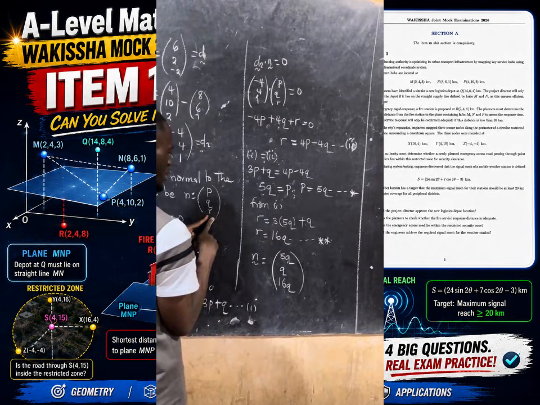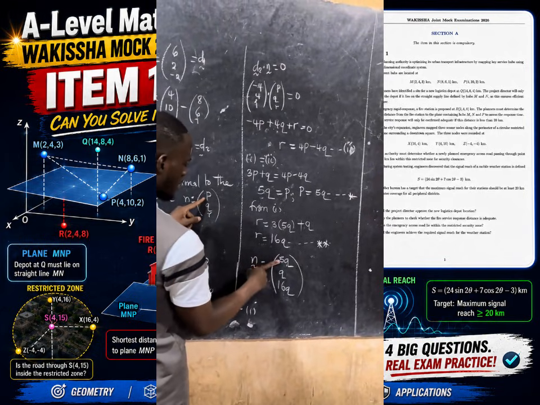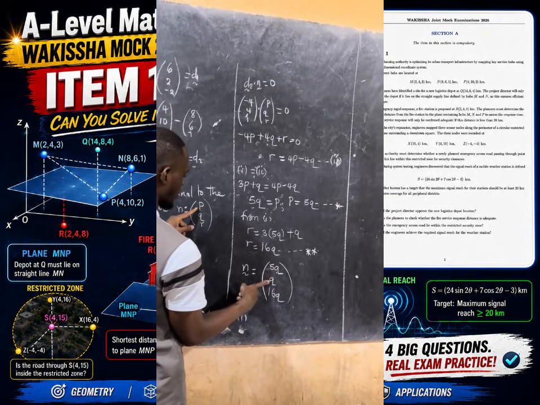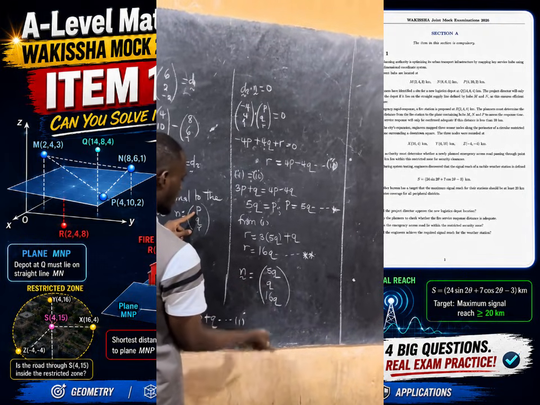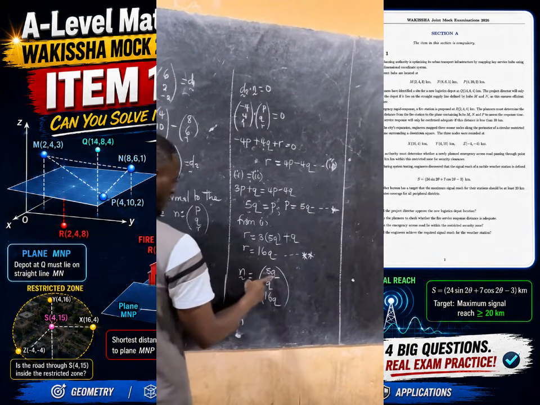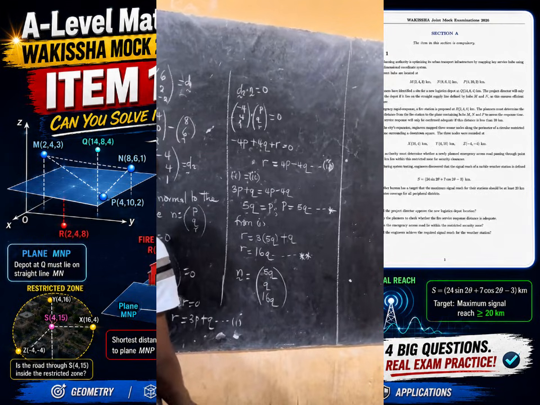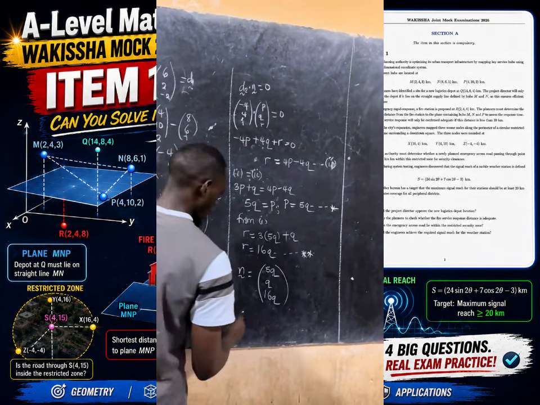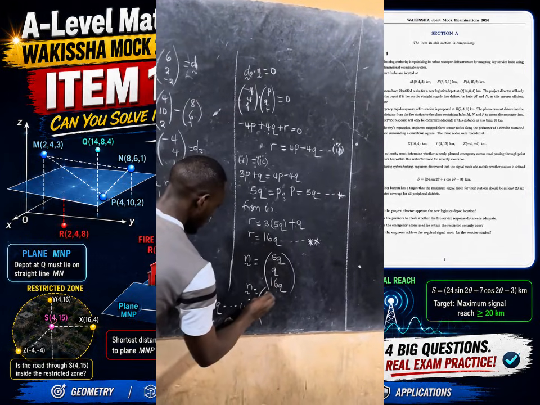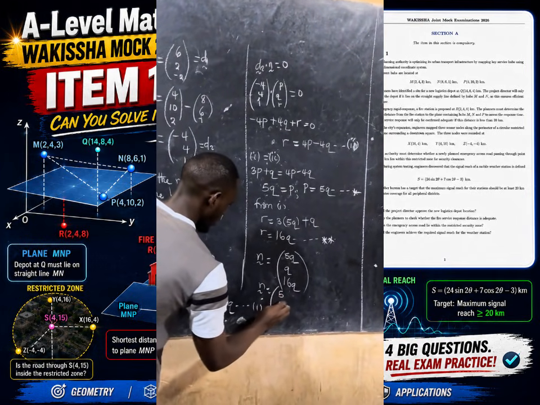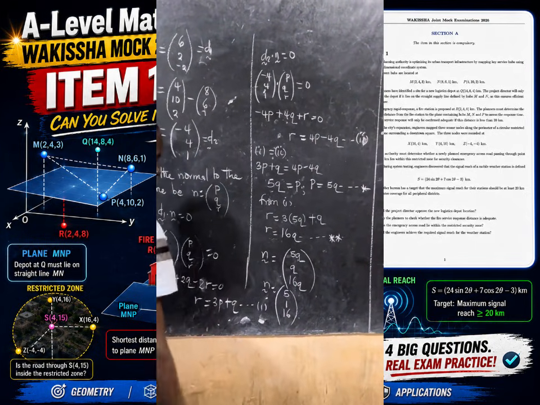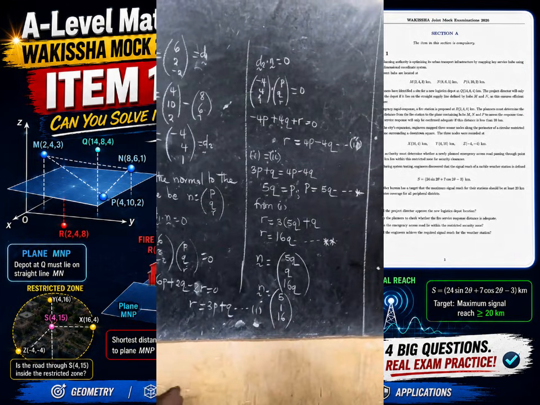If we were in P, this would be P, 1 over 5 P, 1 over 16 P. So we can factor out the common term Q, and our normal simply becomes the coefficients, 5, 1, and 16. When you use the crossing method, you'll get the same answer.